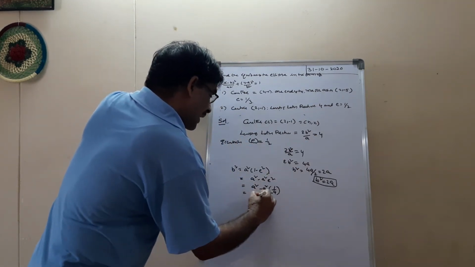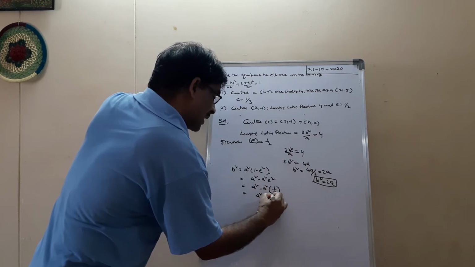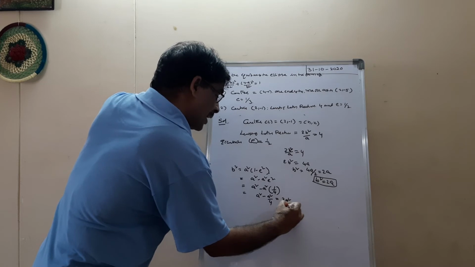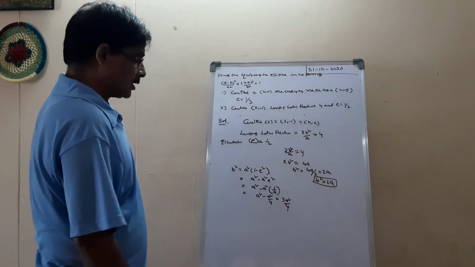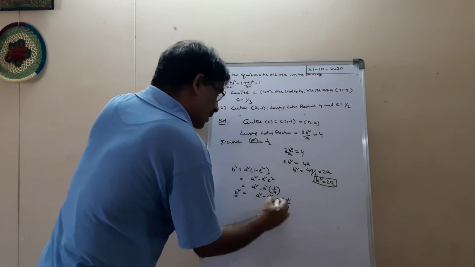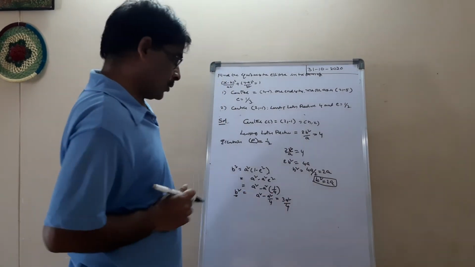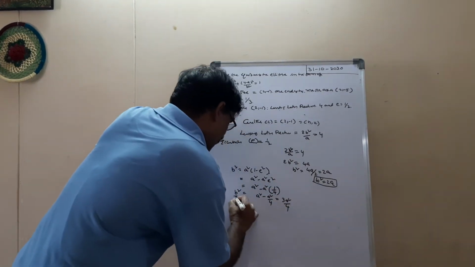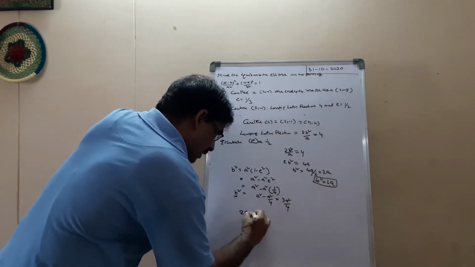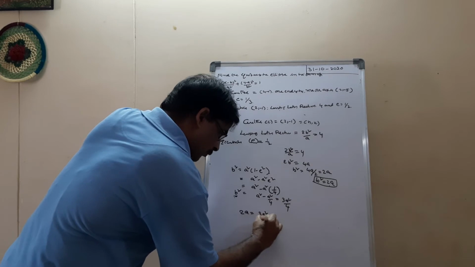A square minus a square by 4 means 3a square by 4. So b square equal to 3a square by 4. But b square equal to 2a. So 2a equal to 3a square by 4.